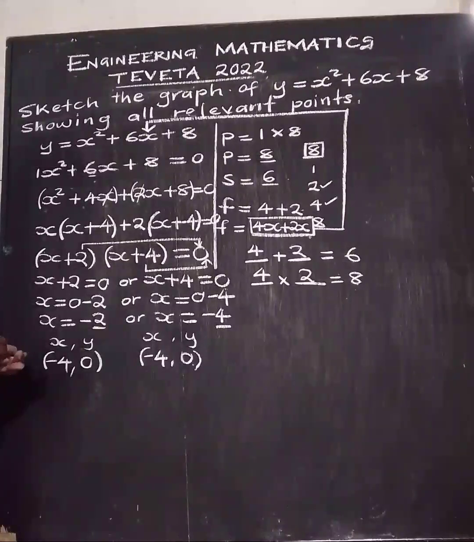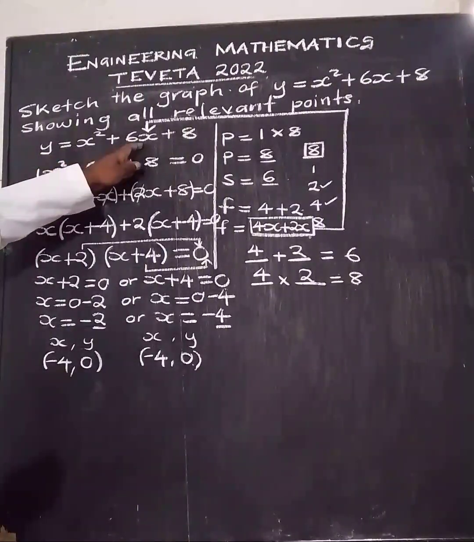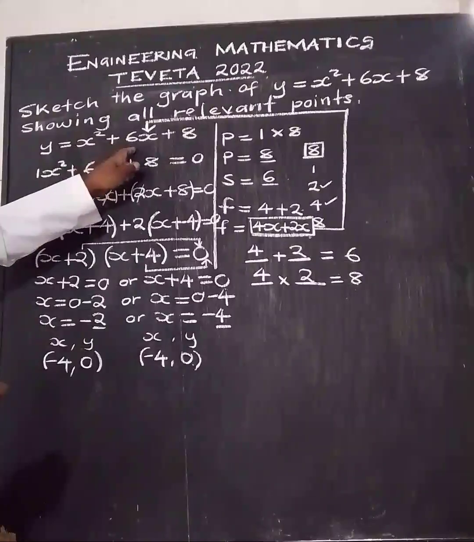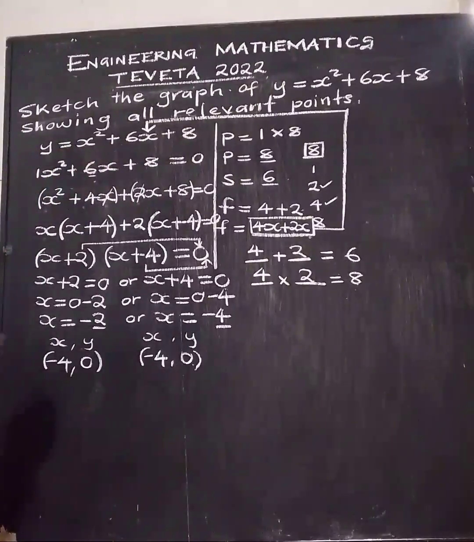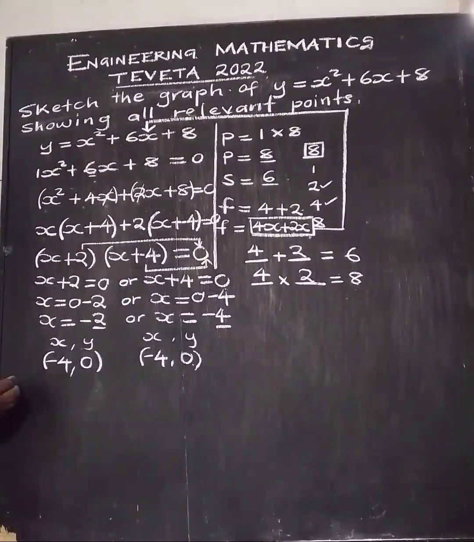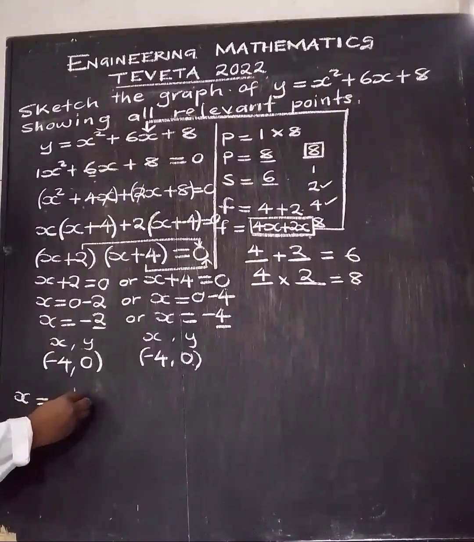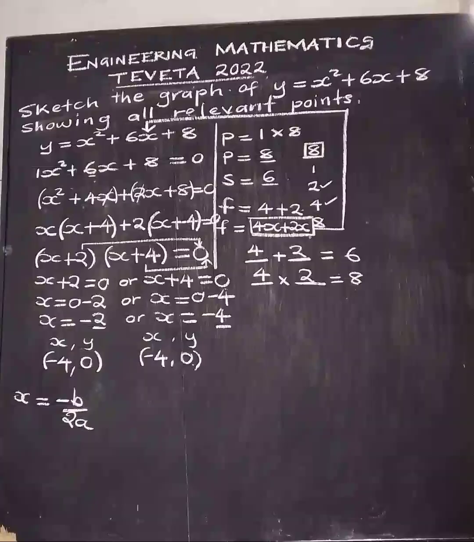We're going to come up with this equation, and out of this equation we're going to get some values. We know the turning point of x is given by the formula x is equal to negative b divided by 2a.